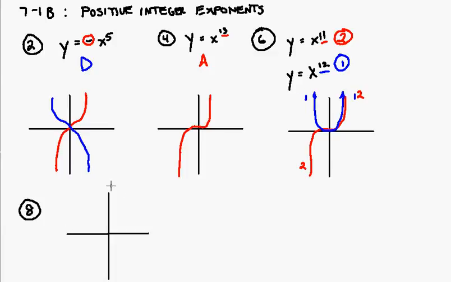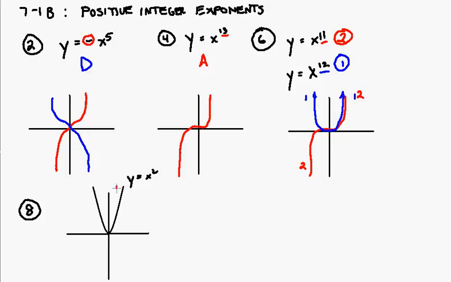So if I ask you to do y equals x squared, let's do this one first. So let's say that this is y equals x squared. Okay. If I asked you now to graph y equals x to the 10th, it's going to be steeper, and so I'm going to make this one red so it's easily seen.